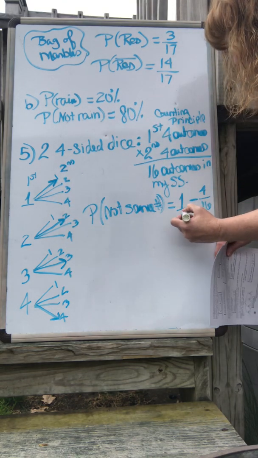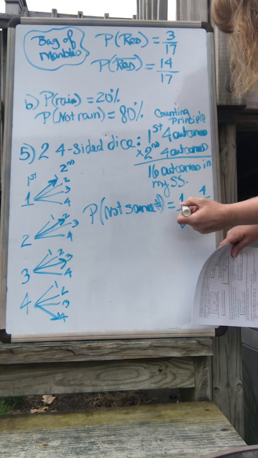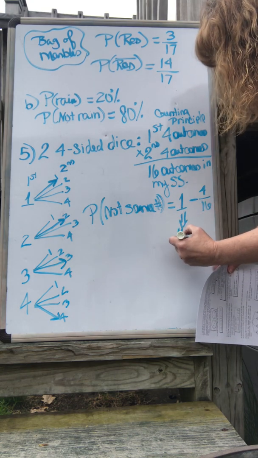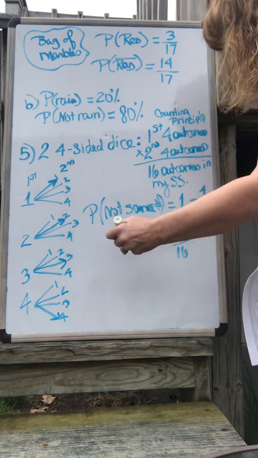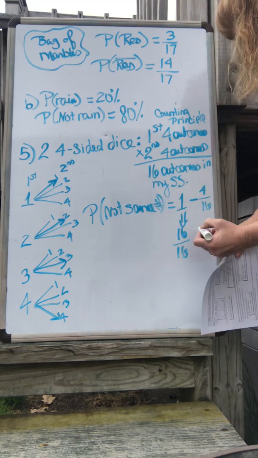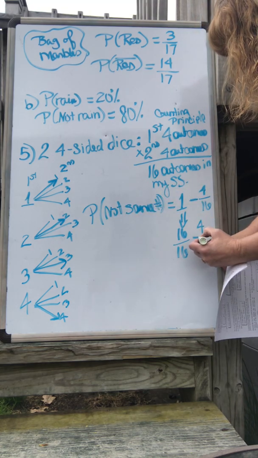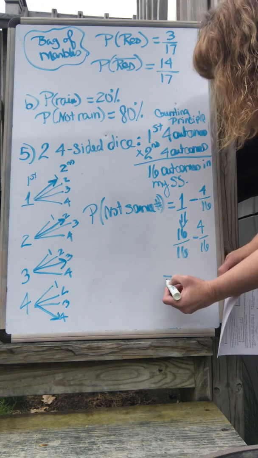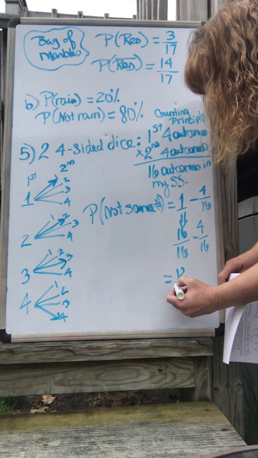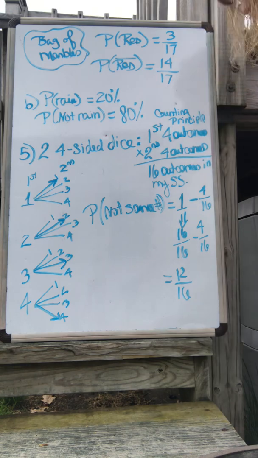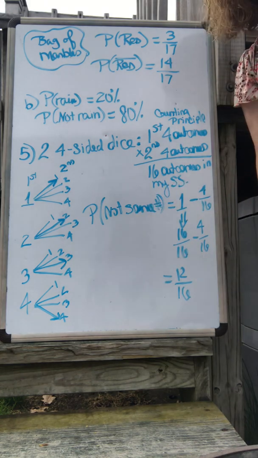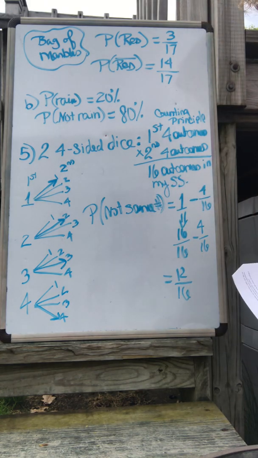Just to go a little slower, 1 is the same as 16 out of 16. There were 16 branches. And if 4 of them have the same number, then I would have 12 out of 16. My probability of not getting the same number twice would be 12 out of 16.